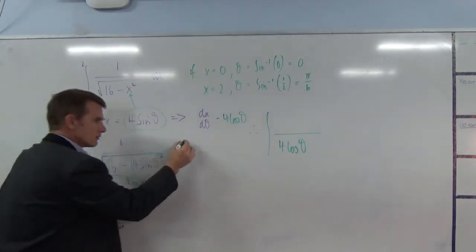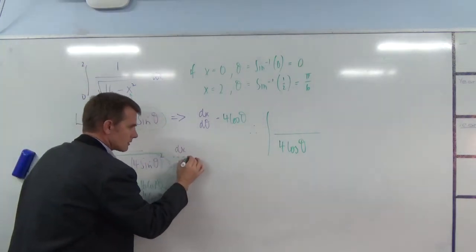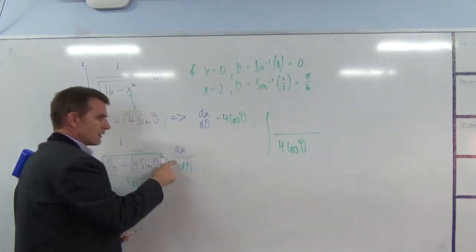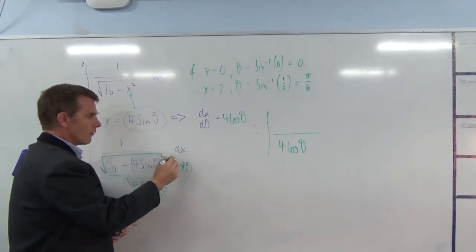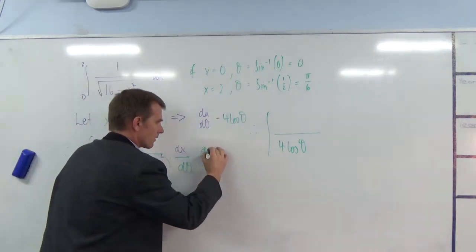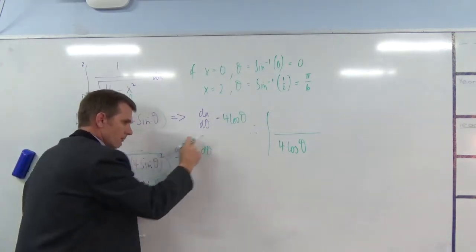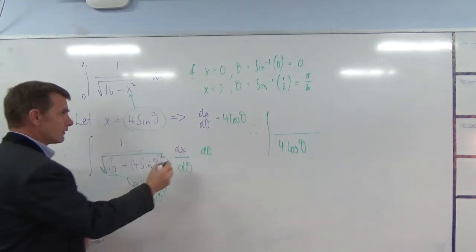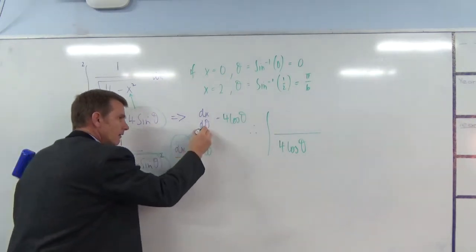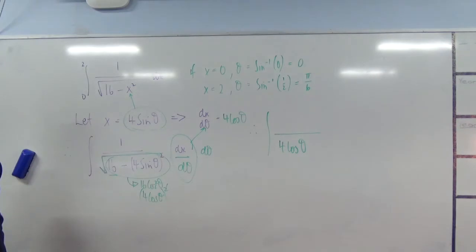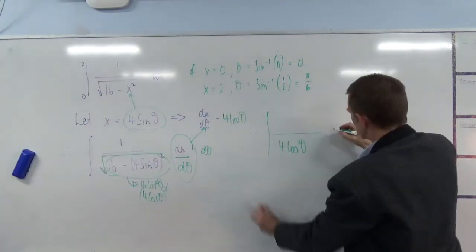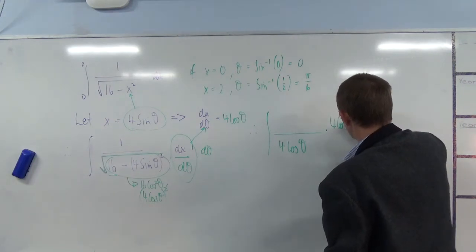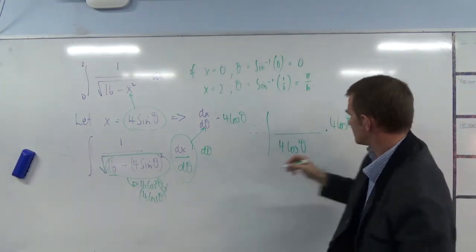And then what I do here is I say, well, I'm going to divide that by d theta. Remember, it's not really a divide. They're not fractions, but we often write them as fractions. So if I multiply top and bottom line by d theta, then isn't that just that? So over here, wouldn't I have to put in times 4 cos theta d theta?